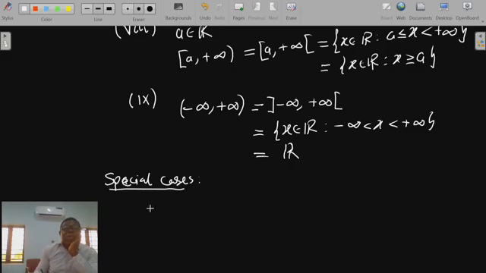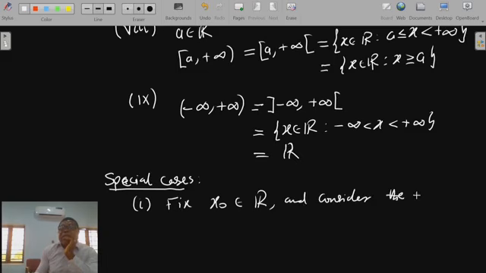For example, if we fix x naught in R and consider the set that contains only x naught, the singleton x naught, there's one obvious thing that looks funny but is true.